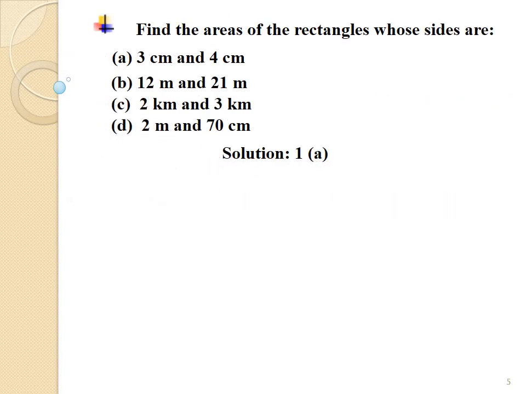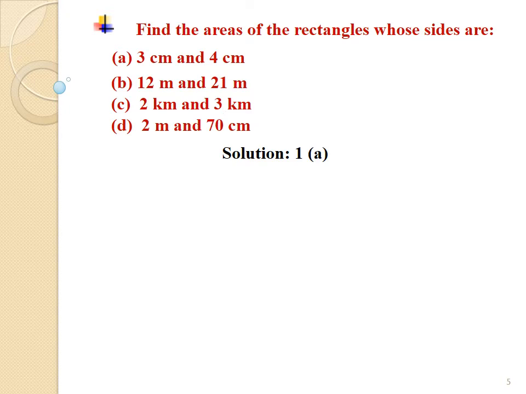Exercise 10.3. Question number 1. Find the area of the rectangles whose sides are given. Students, in this question, we have to find the area of a rectangle, and we have been given the length and breadth of the rectangle.